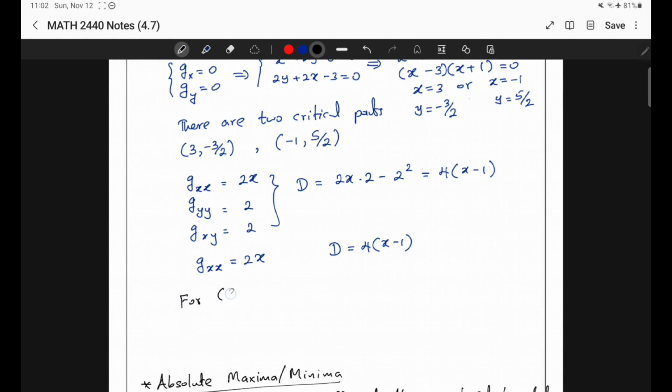So for the first point, which says x is 3, gxx is positive and d is positive. That means that point is a local maximum.